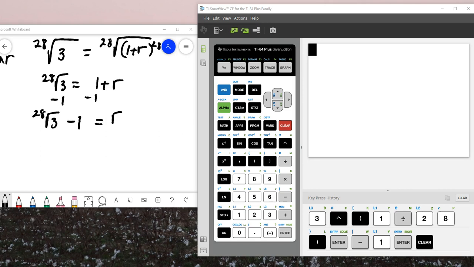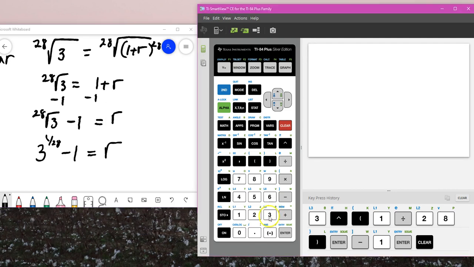Let's type that in the calculator to get a decimal approximation. So to type the 28th root, I'm going to rewrite this as 3 to the 1 over 28 minus 1. So you can write radical expressions as exponents.